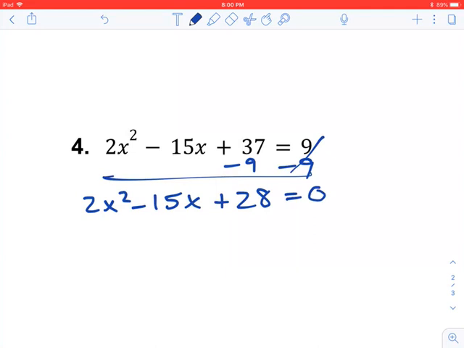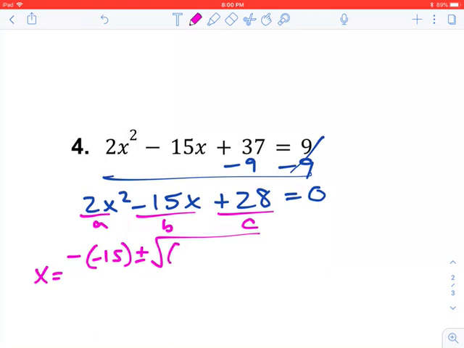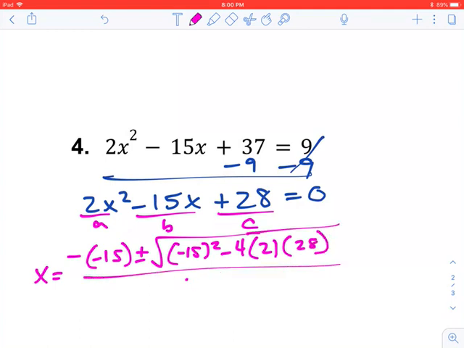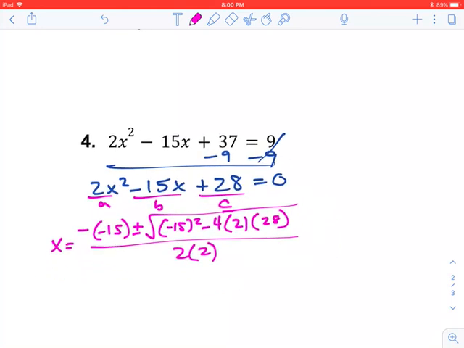And so in this case, I've got a is 2, b is negative 15, c is 28. So x equals negative negative 15 plus or minus square root of negative 15 squared minus 4 times a, which is 2, c, which is 28. All of that over 2 times a, which is 2.